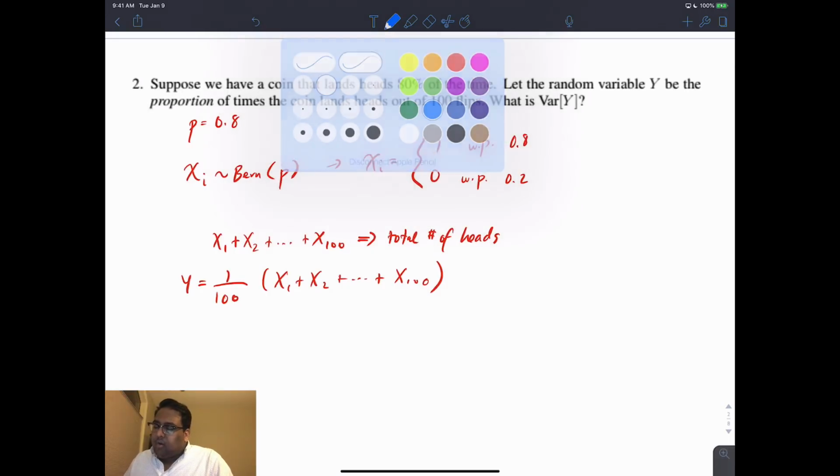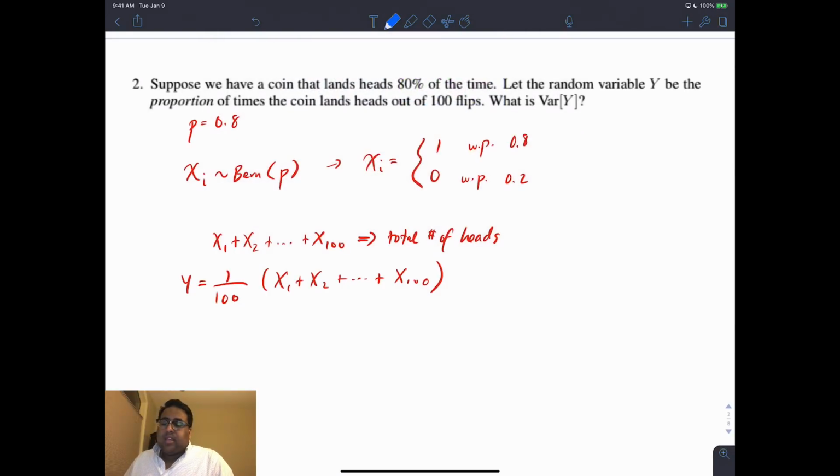Before we get into calculating the variance of y, just a couple of facts about the Bernoulli distribution: the expectation and the variance. Also, sometimes students ask, is there a difference between using square brackets and regular parentheses for expectation and variance? No, there isn't.